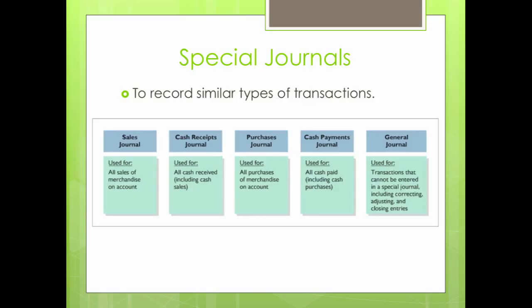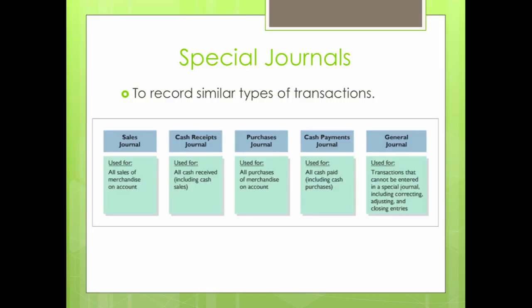So if a company chooses these 4 as special journals, then 4 different offices or individuals, depending on the volume of the transactions, can divide the work. One person or one office can be in charge of recording the sales journal. Another person or another office can be responsible for cash receipts, and so on.